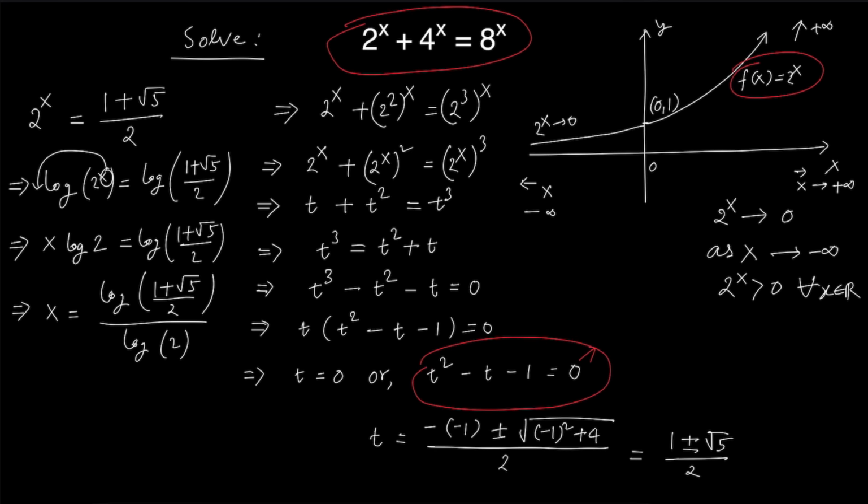If we calculate this number, this will come as approximately, in 4 decimal places, 0.6942. So the only solution for this equation is 0.6942.